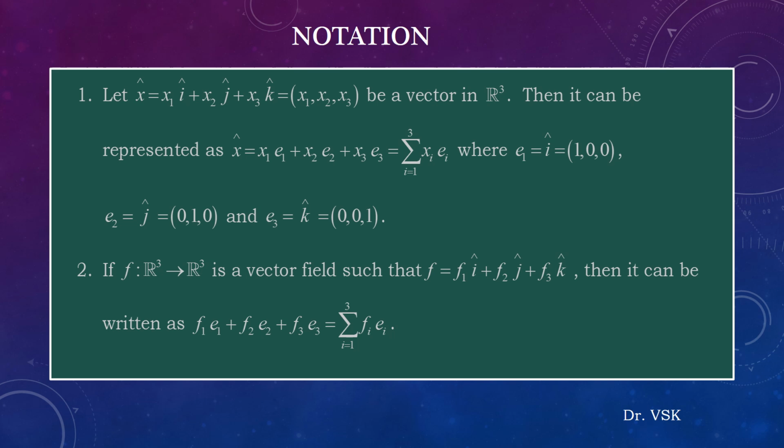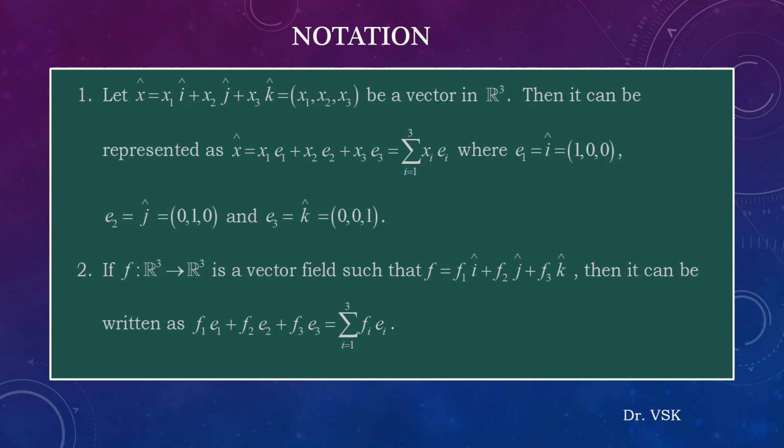Similarly, e3 equals k cap equals 0, 0, 1 and it is the unit vector in the direction of the z-axis. So, every vector x cap equals x1, x2, x3 or x cap equals x1 i cap plus x2 j cap plus x3 k cap in R3 can be represented as x cap equals summation sigma over i xi ei.